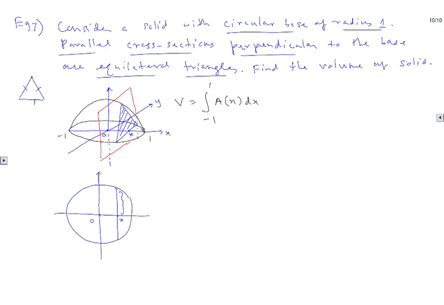It's easy this way. Now we need to find this base length, y. We know that the radius is 1, and that's x. So x squared plus y squared equals 1, so y equals the square root of 1 minus x squared. That's the y.